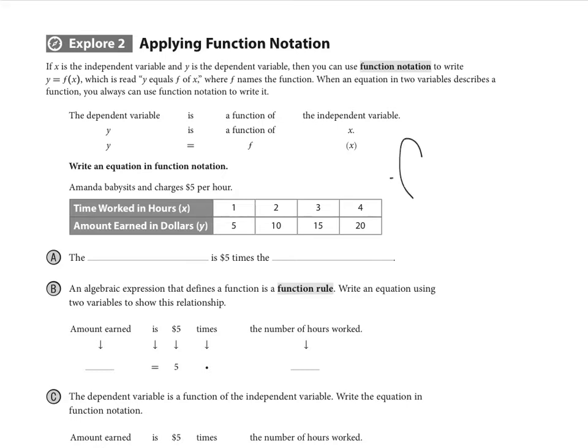If I do f of 2, all that means is I'm plugging 2 in for x. So I know x is equal to 2, and I plug that into the function or equation. Whereas if I use y equals, I have to state what x is equal to. Whereas in function notation, you can just write that in.